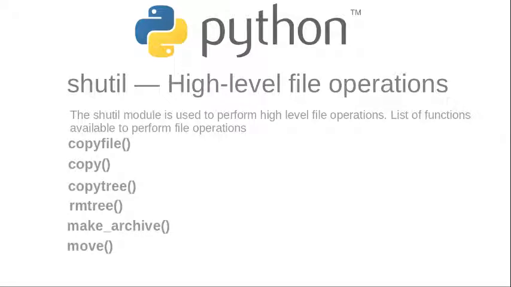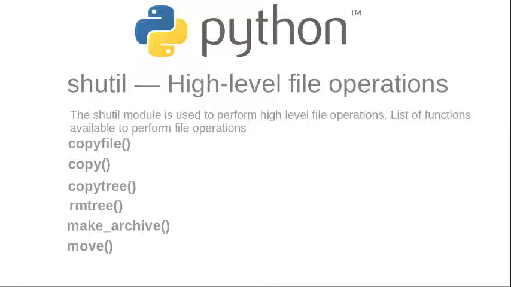Shutil is basically used to perform high-level file operations like copying, removing directory structures recursively, making archive files like zip or tarballs, renaming files, moving files from one location to another, and many more. So here is the list of functions available with the shutil module.